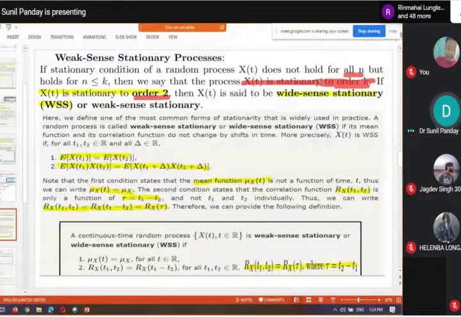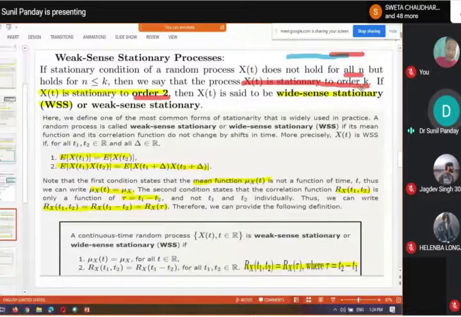That is, t1, t2, t3, we can take only 3 time instances from the index set J. And if we take this k as 5, we can take at maximum 5 time instances from the index set capital J.